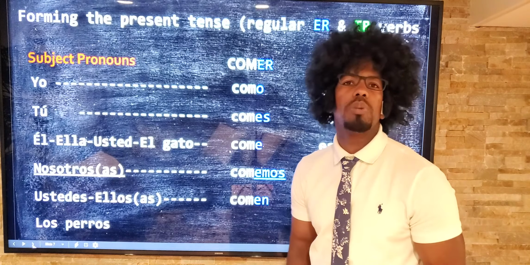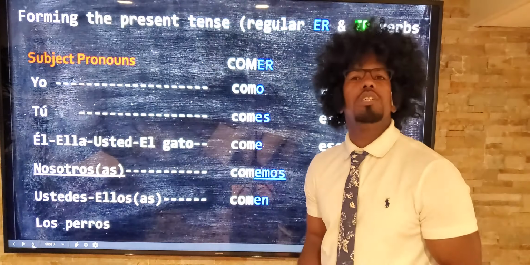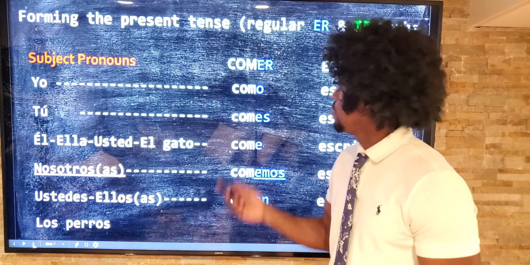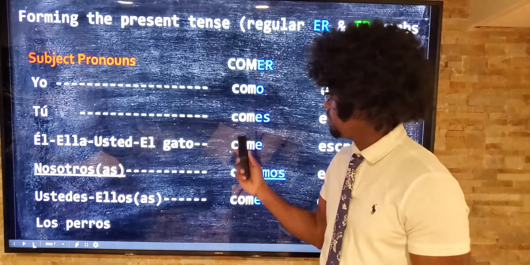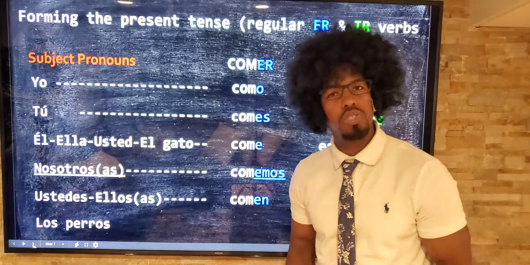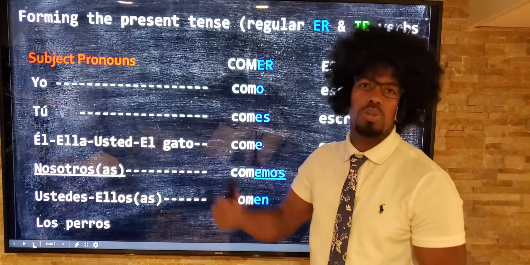I don't have to worry about the stem changing. So I'm going to be using the same stem every time. It doesn't matter what the subject is. I'm going to still use the same stem. The only thing that's going to change is the ending, depending on the person doing the action, right?